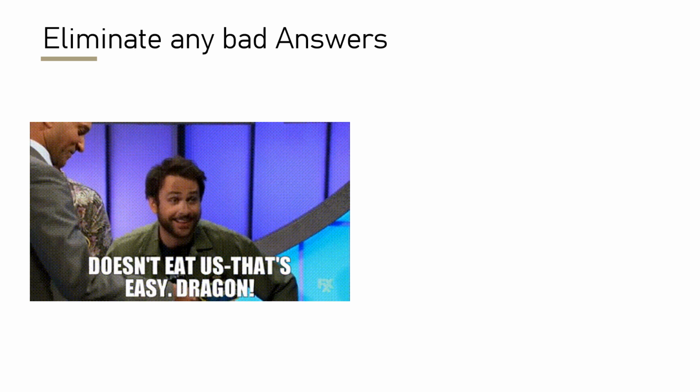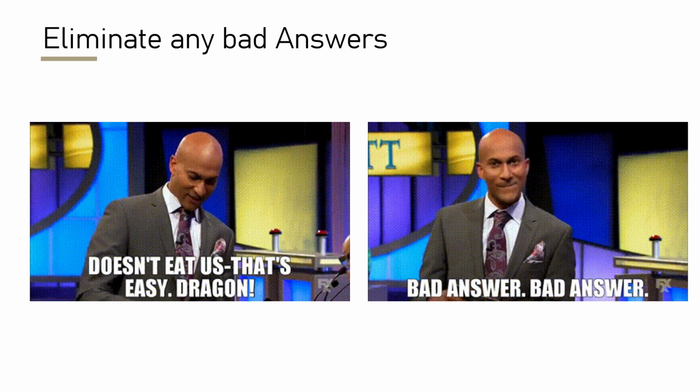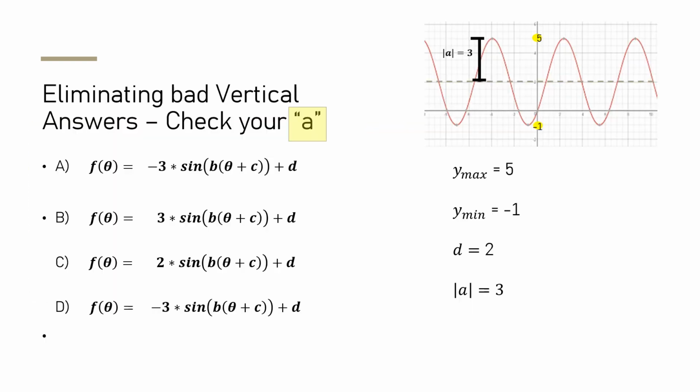So let's take a look at our answer choices now and see if we can eliminate any bad answers. So let's check out our A's. And remember, at this point, we're just concerned with the magnitude. So can we eliminate any choices?